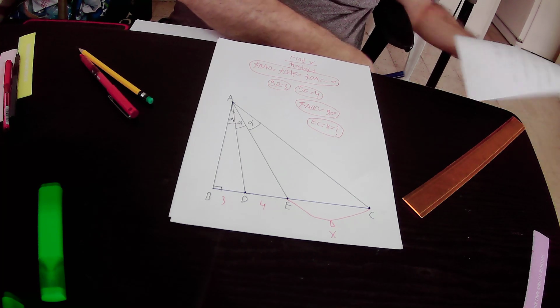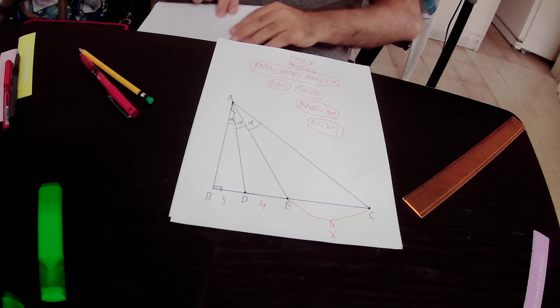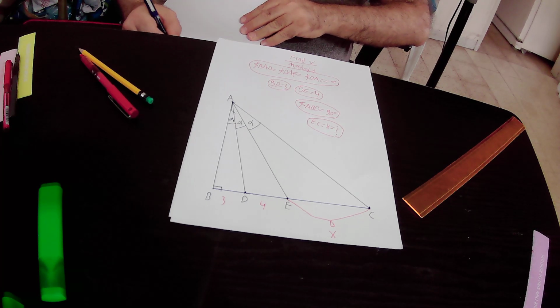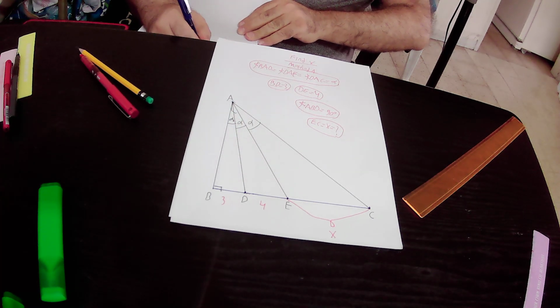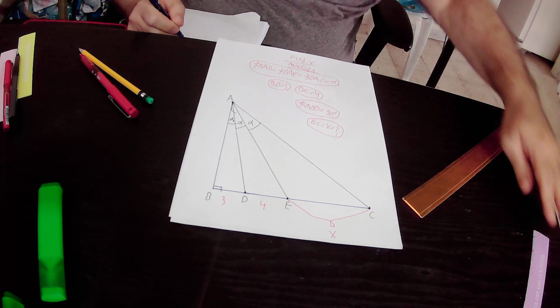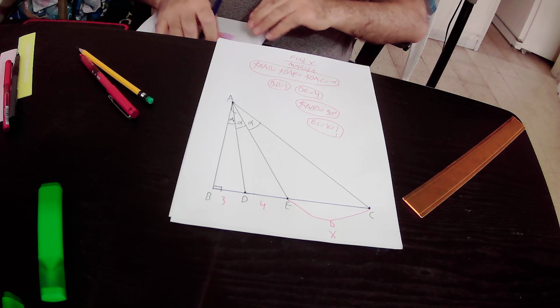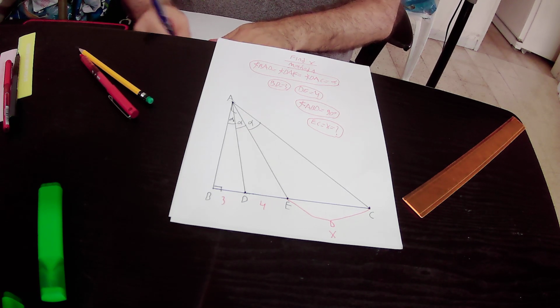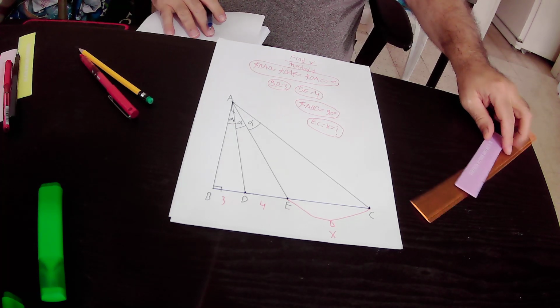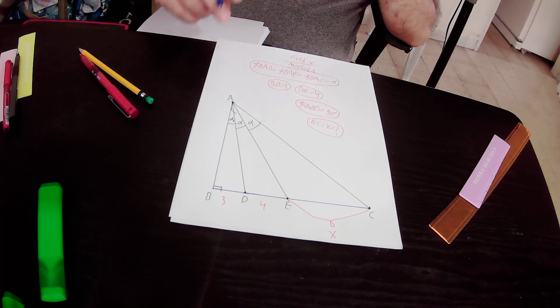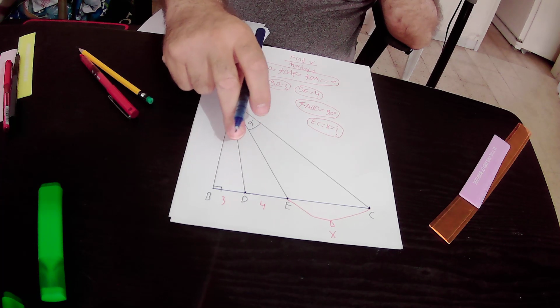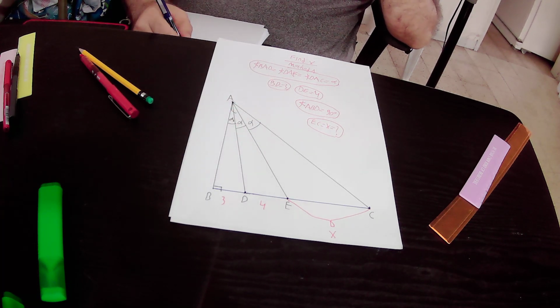And we will focus on the right triangle, triangle ABE. Actually, AD is angle bisector in the right triangle ABE.